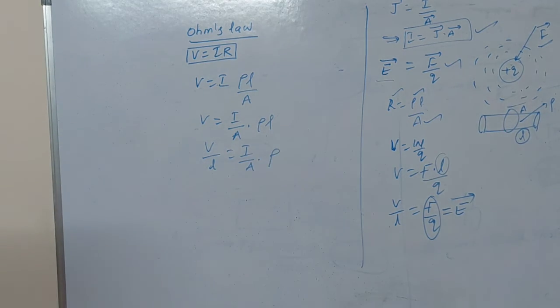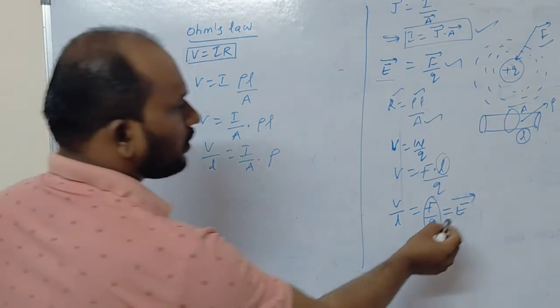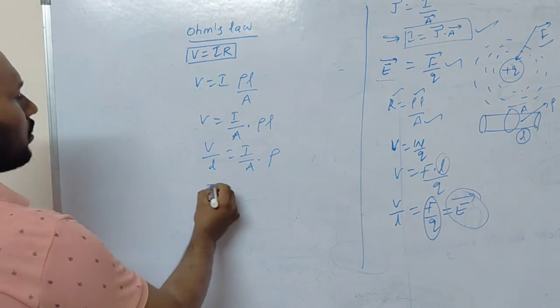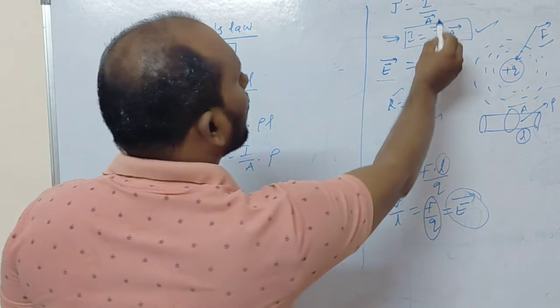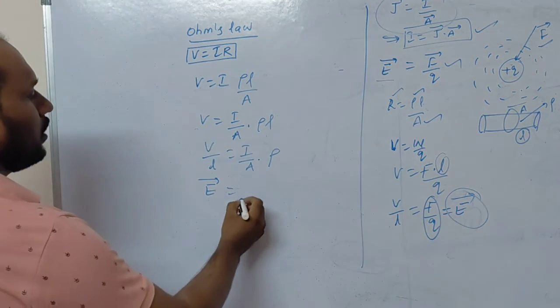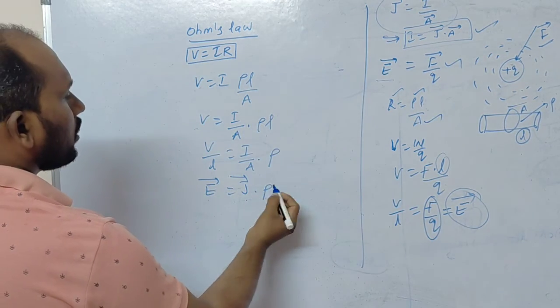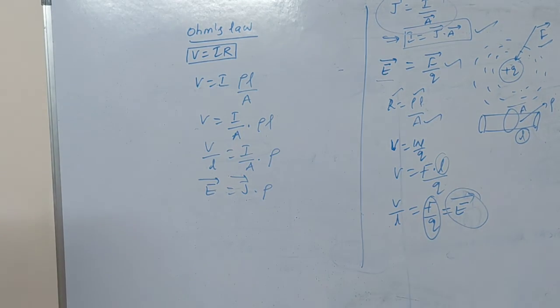V by L means E bar, I by A means J bar, the current density, into resistivity rho.